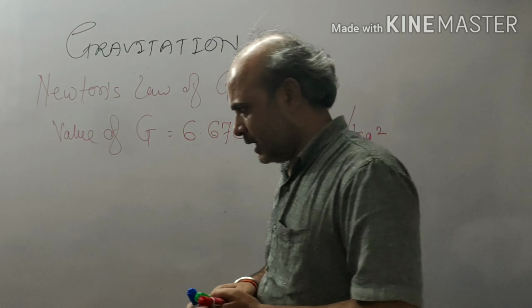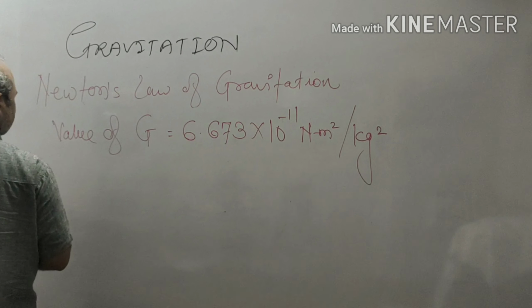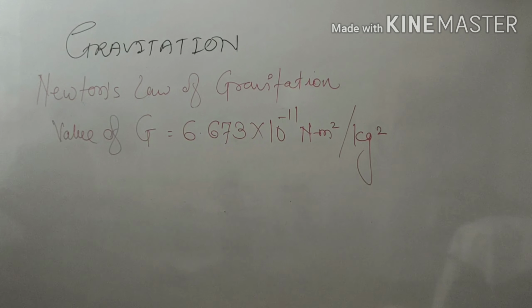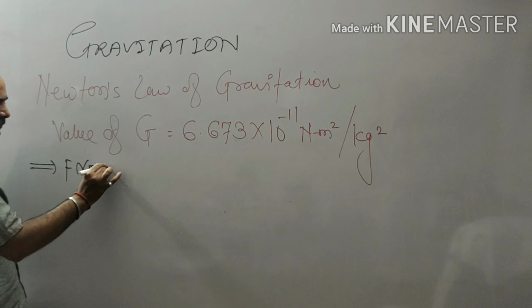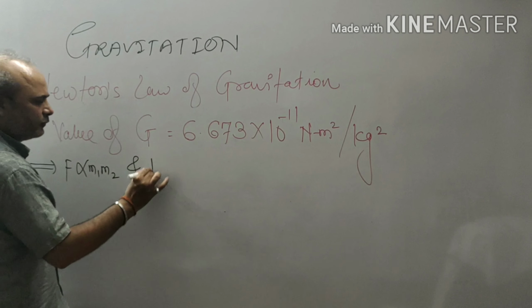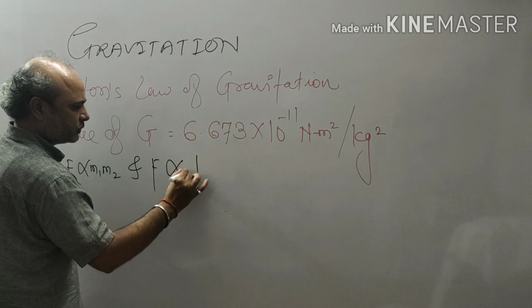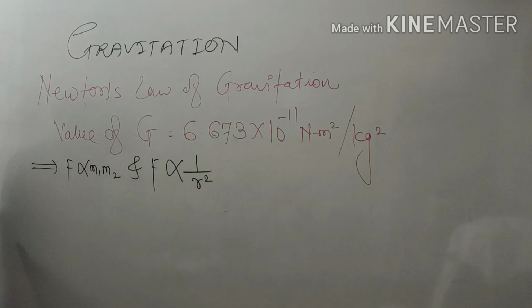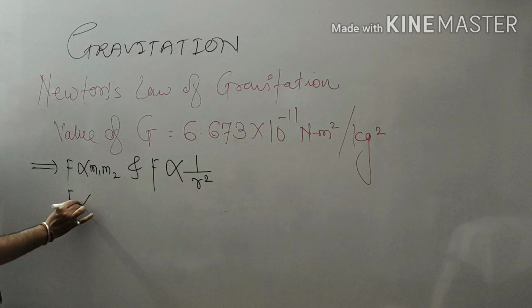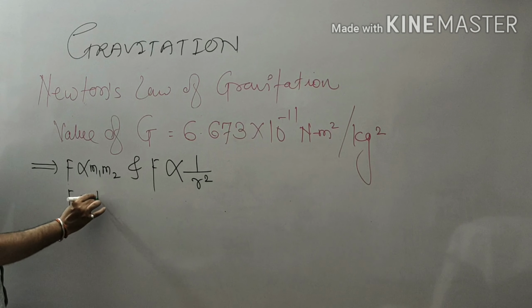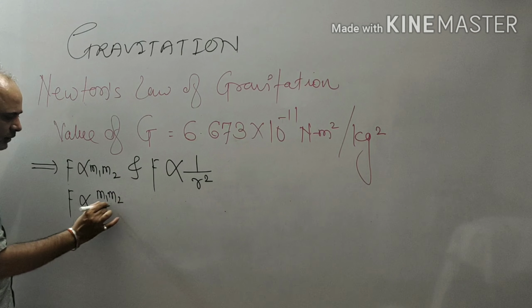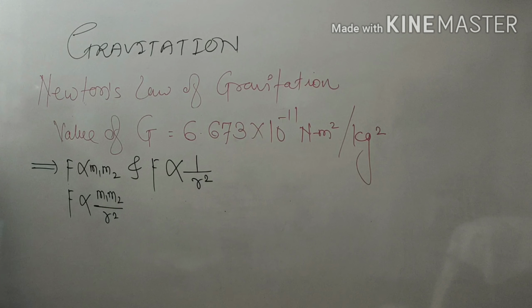Clear? Now I will explain in short what Newton's law of gravitation is. According to Newton's law of gravitation, force is directly proportional to the product of their masses m1 m2, and inversely proportional to the square of the distance between them. Combining these two, you get m1 m2 upon r square.